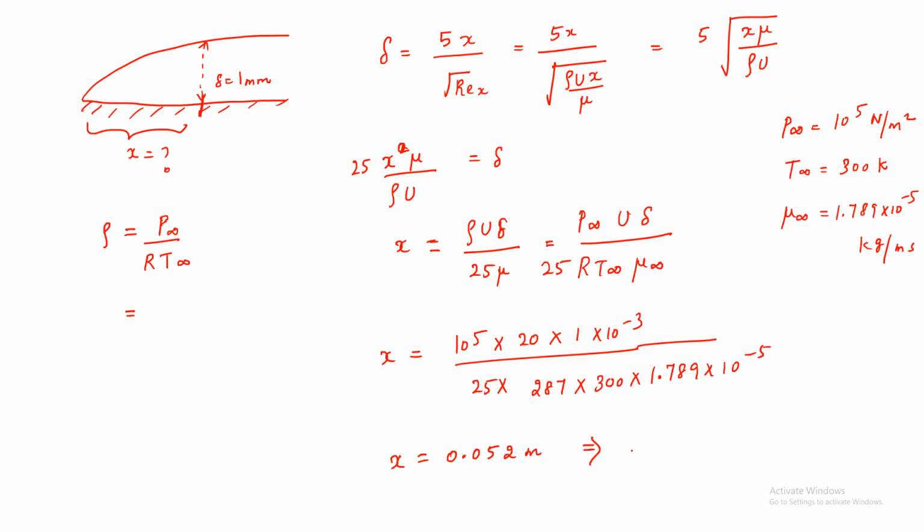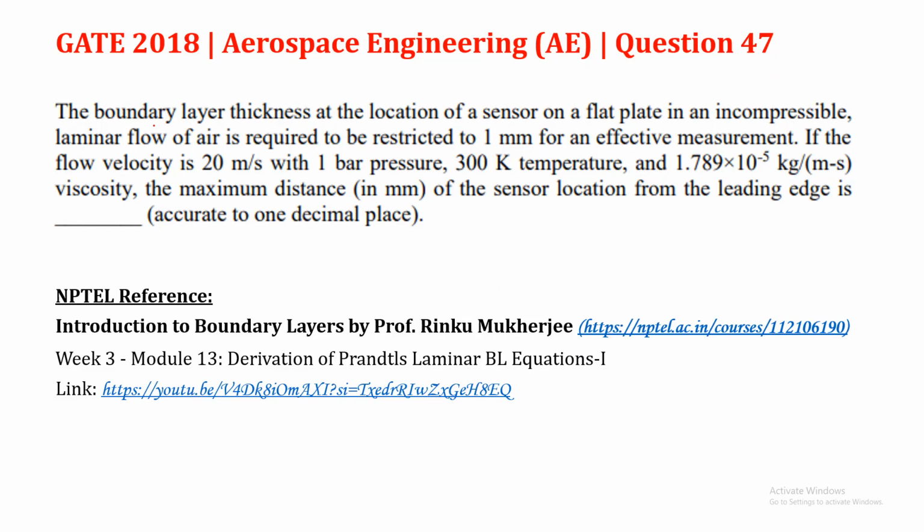Converting this to mm, we get 52 mm. So we have to place our sensor 52 mm from the leading edge of the plate, where our boundary layer thickness is 1 mm. That is the maximum distance at which you can place a sensor to get an effective measurement.